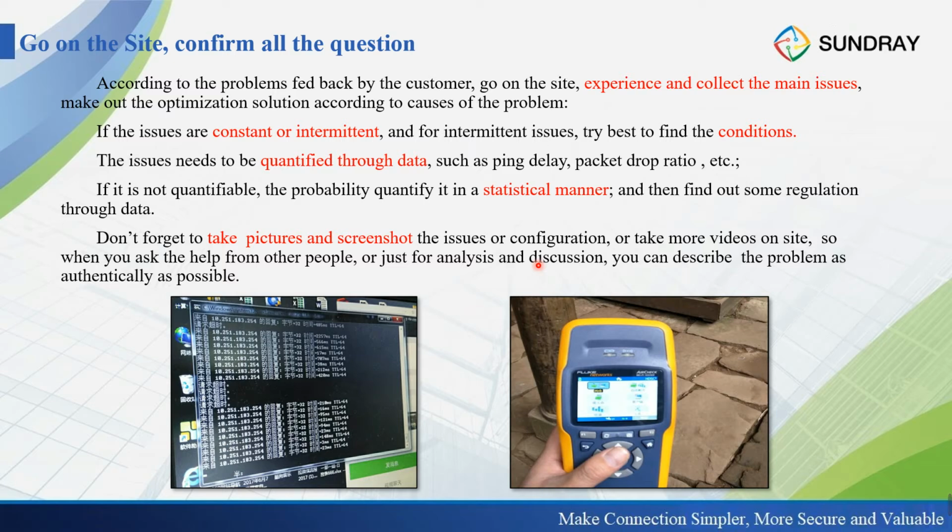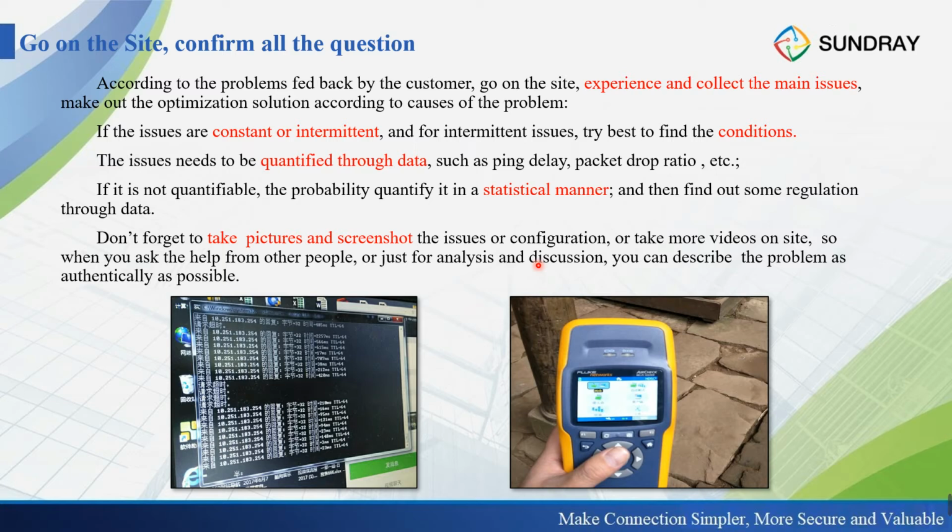Then we go to the site and confirm the question, like what kind of problem, what kind of issue happened to this network, and whether this issue is consistent or intermittent.